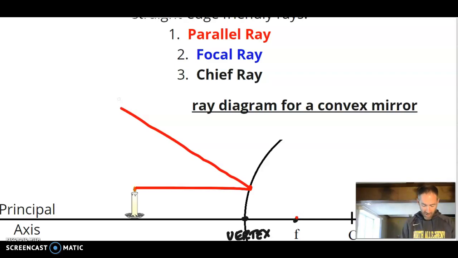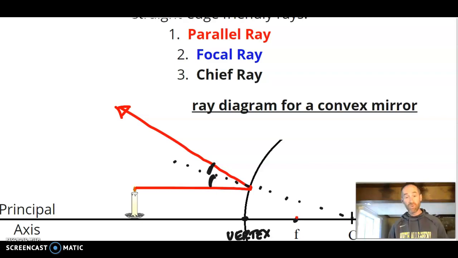Okay? And so if I went ahead and drew in the normal line there, which of course would go through the center of curvature, I'm going to draw this now and then I'm going to back it off in a second. But if I went and I drew in here this normal line, that of course, as I say, goes right through that center point, you can see that the angle of incidence and the angle of reflection match each other pretty well.